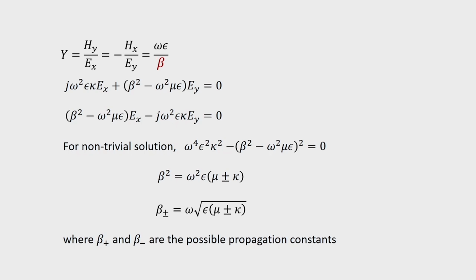So, we see that in the same media now we have two propagation constants, and beta plus and beta minus will give rise to wave propagation with different velocities.